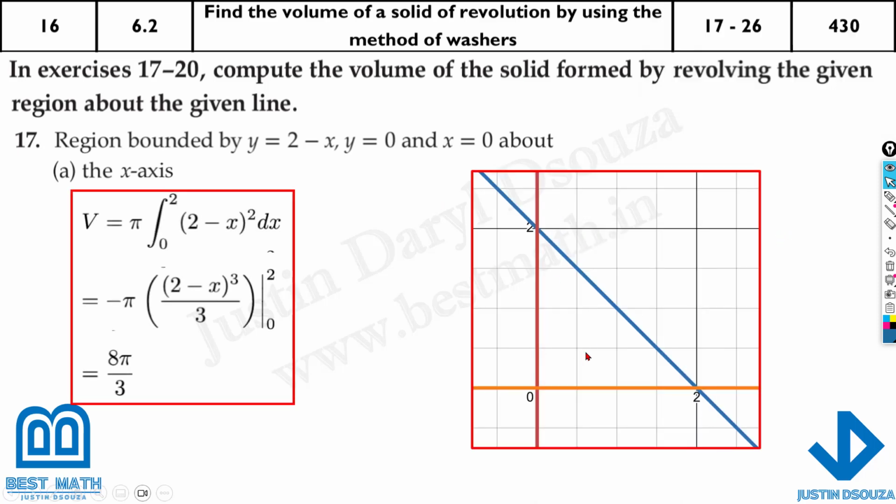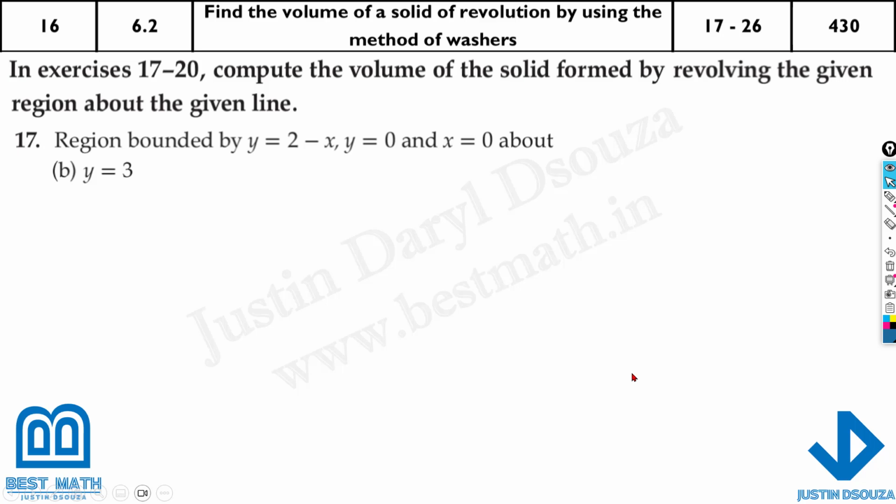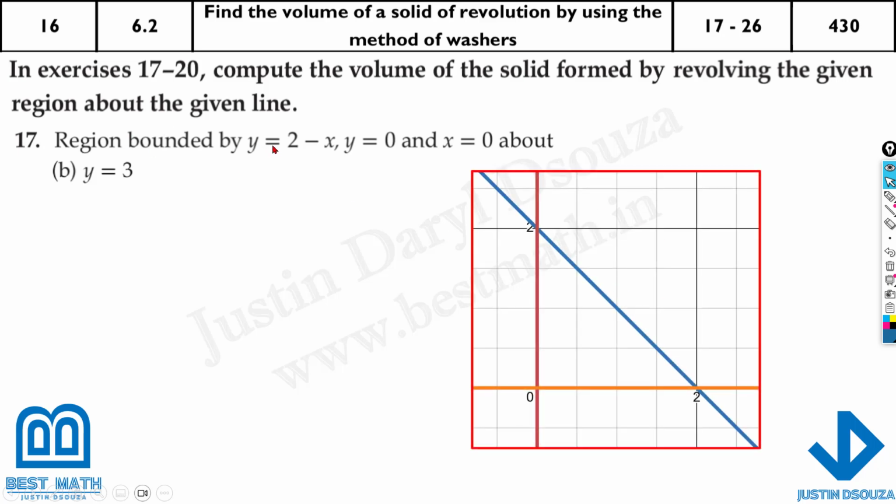Over here is the graph, and here as well is the same graph, because it's the same function. Now what they asked is, if it is rotated about y equals 3. What is y equals 3? This is 2, so 3 will be somewhere up over here. That is the axis of rotation. Now what happens if it's rotated like that?